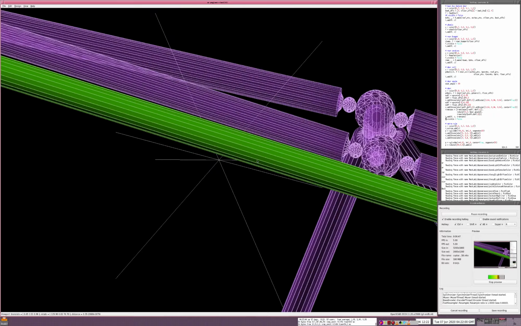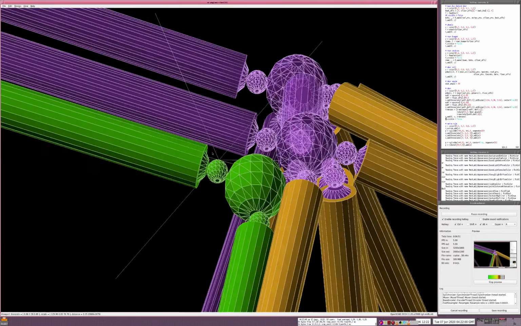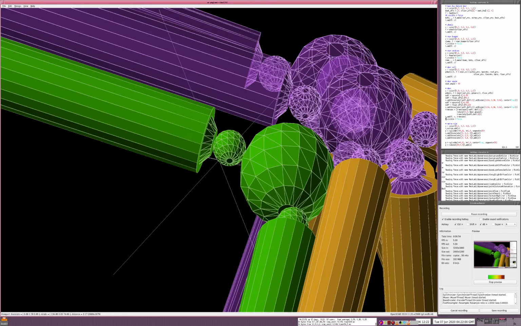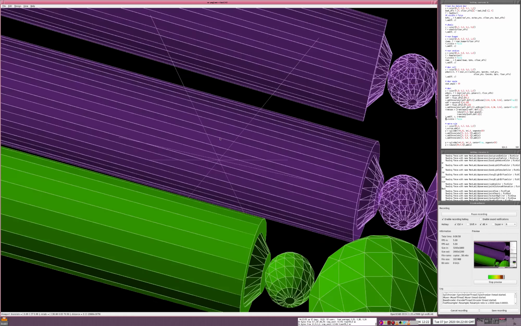So let's bring it out a little bit, so that by the time the pipe gets to here, that distance is equal.